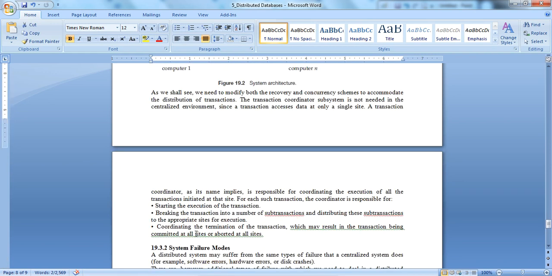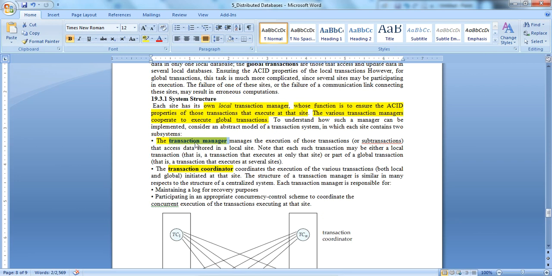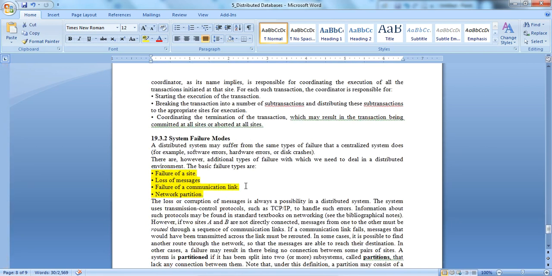Now under the distributed database, even with the transaction manager and transaction coordinator maintaining the ACID properties, some problematic situations come up. Failure of a site, then what will happen? Loss of messages, then what will happen?